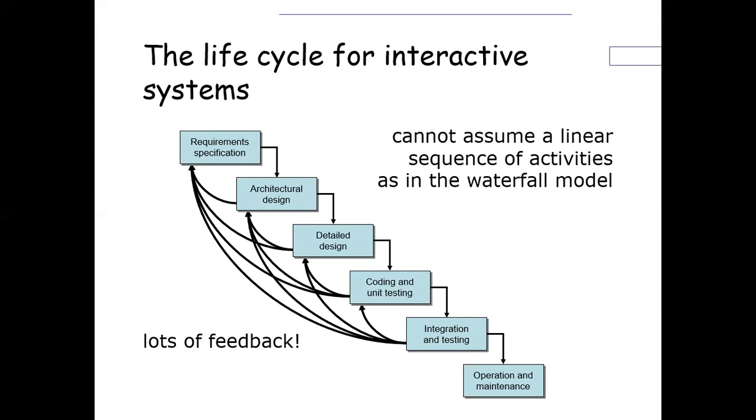Compared with the waterfall model, that will not be possible, because everything will be completed and finally it goes to the product level. We cannot identify any mistakes that happened in the middle of an activity. That is overcome here because of iteration at each time of the design, whether it is architectural design, requirements specification or detailed design. If we find any mistakes, we can iterate again and refine the product.